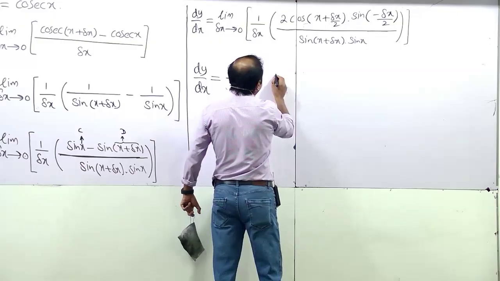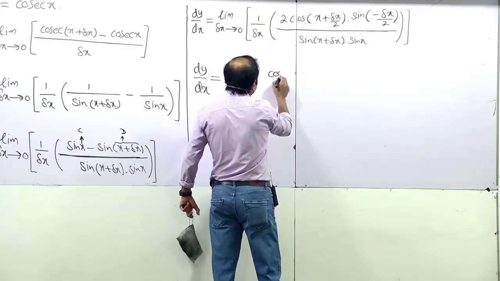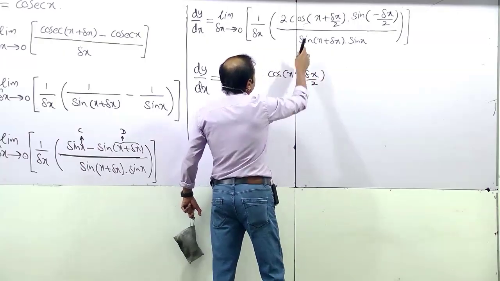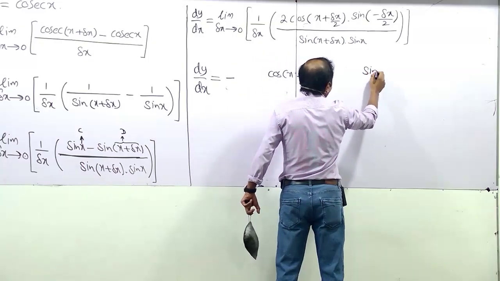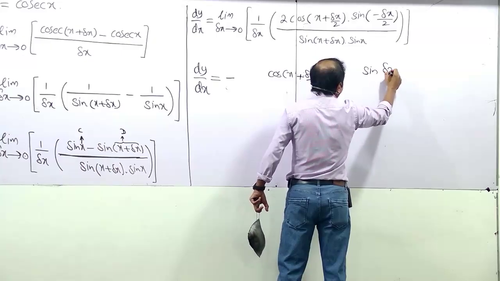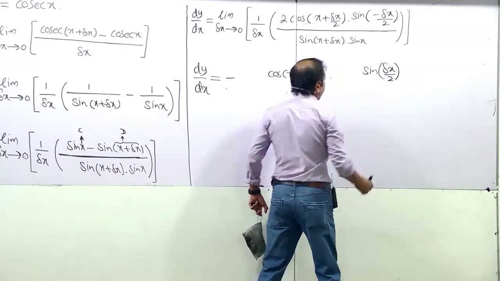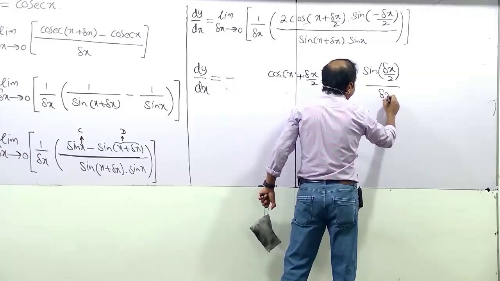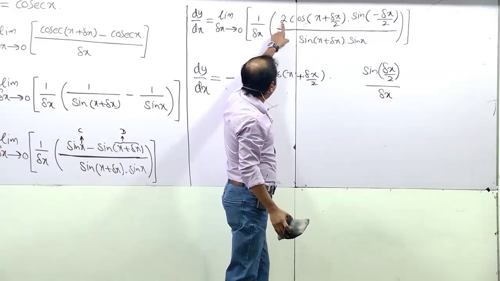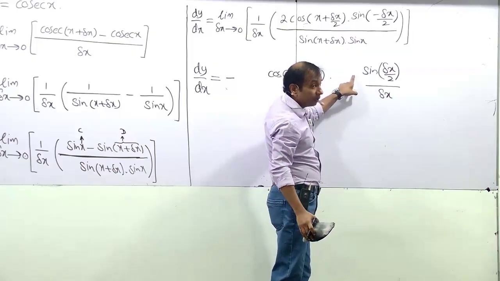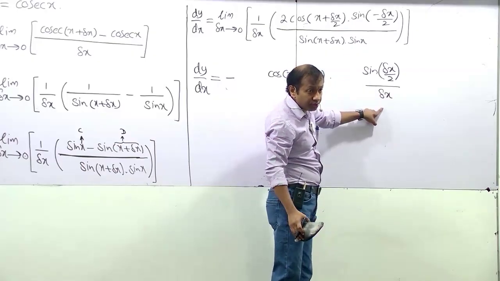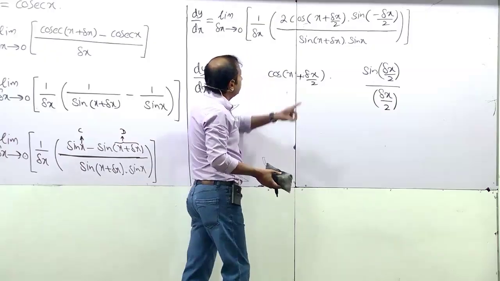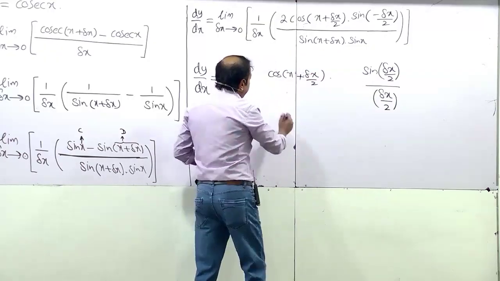There we have sin delta x, I write cos(x plus delta x by 2), and here sin(delta x by 2). By this delta x I divide this. This 2 we can bring below this delta x, like this.